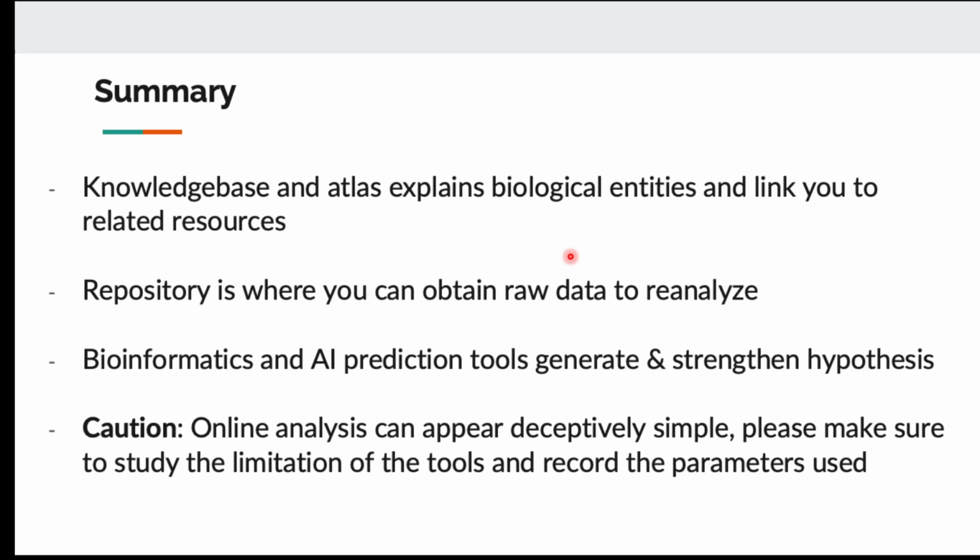I want to emphasize that nowadays there are many websites and many tools where you can run analyses or find the knowledge online, so you don't need to download everything to your computer anymore. Being familiar with these tools will allow you to get to the answer faster and refine your hypothesis in your research.